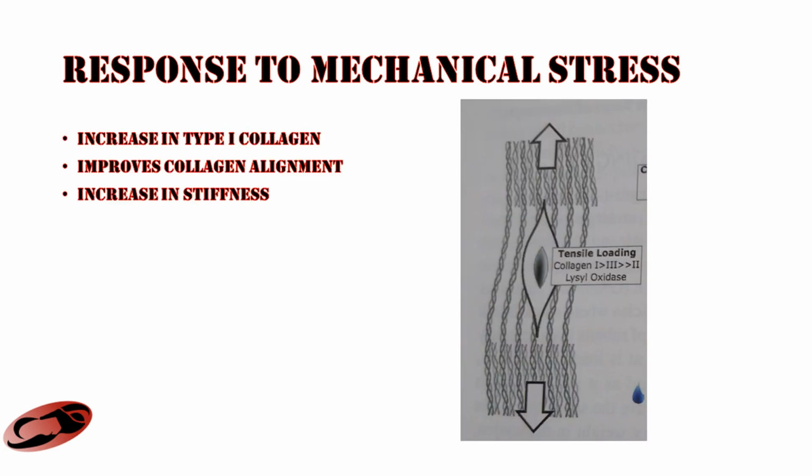When tension is applied to fascia, we see an increase in type 1 collagen being secreted, and this also improves the collagen alignment, or this lattice-like structure of the fascia, and also increases its strength or stiffness.